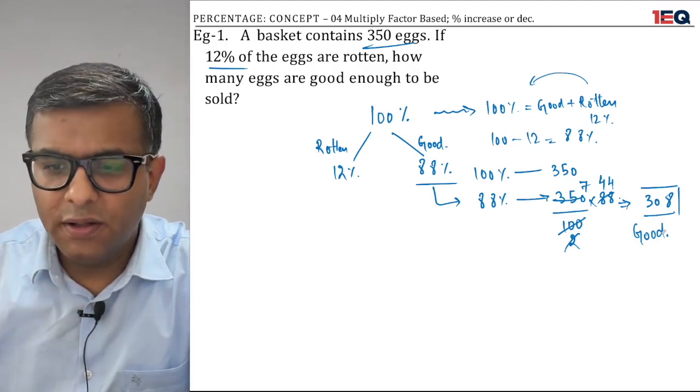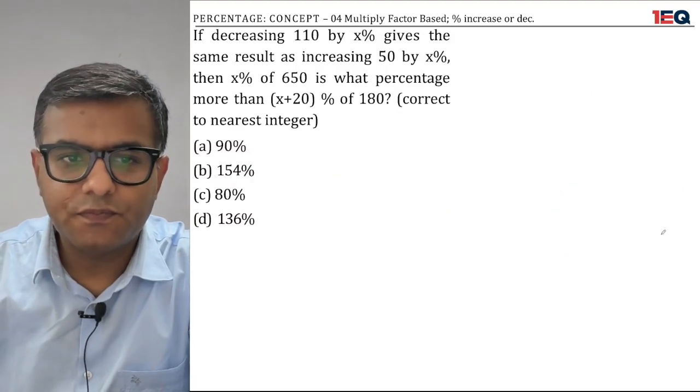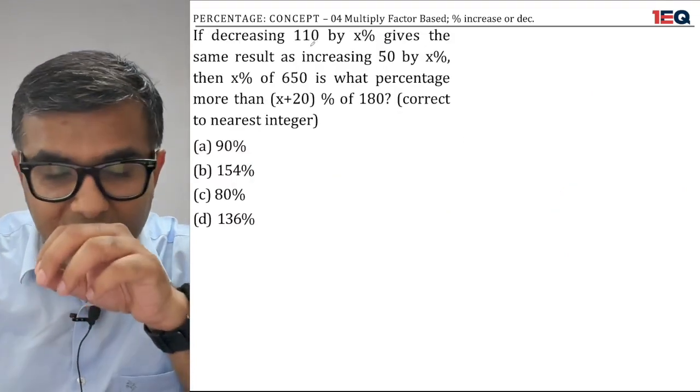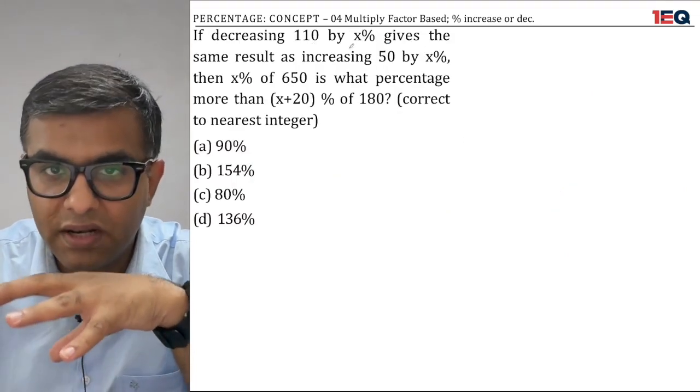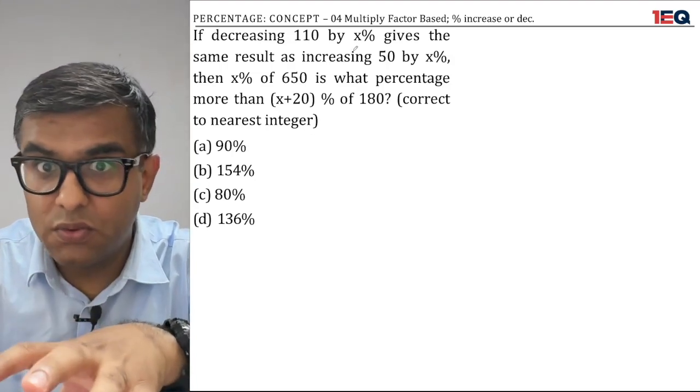I hope you got what concept I'm taking from where and what's going on here. Okay, moving on. This is a very good question, and I really want you to focus, dig in and see what's going on here.